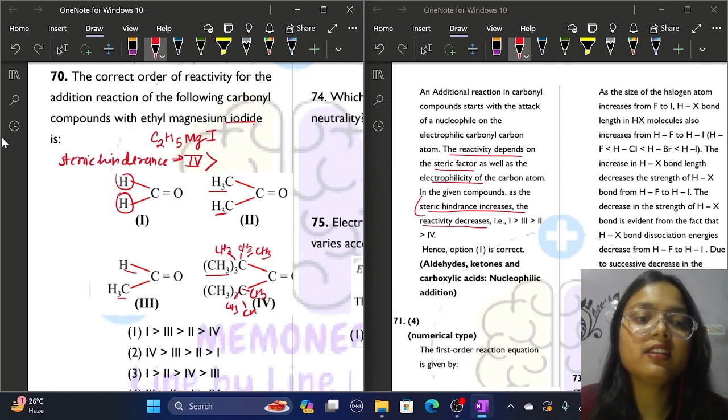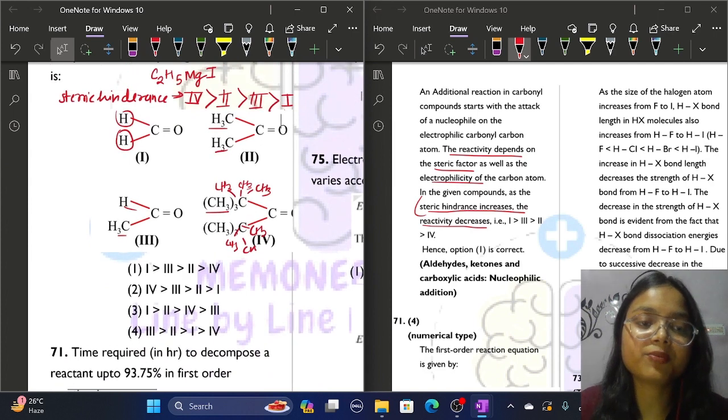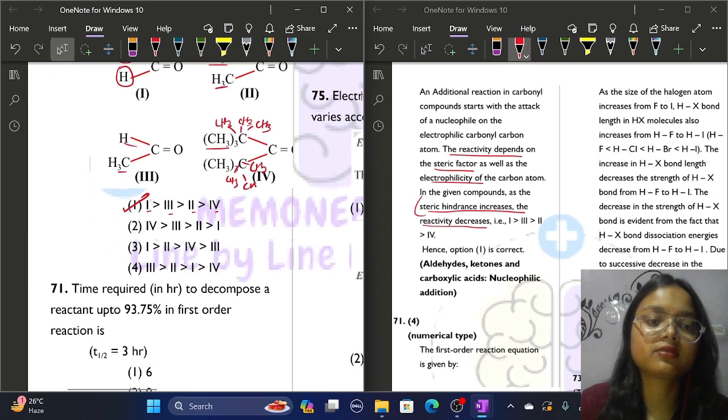Then 2 will have the second greatest steric hindrance because there are 2 CH3 groups, then option 3, then option 1. Where steric hindrance is less, the compound is more reactive, so the first one is more reactive. The opposite order is followed for reactivity, which means option 1 has the greatest reactivity, then 3, then 2, then 4. So this is the correct option.